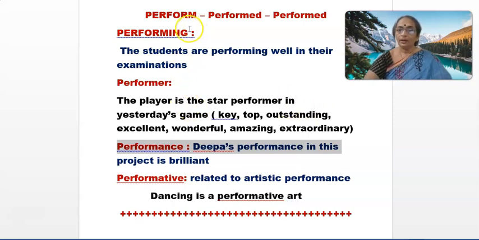Okay, now we have discussed perform in two meanings, and coming to the next extended word, that is performer. This is also one of the extensions of perform. Here we are talking about a person who is very talented. You can take a company or an organization also. The company is a good performer this year. What do you mean by that?